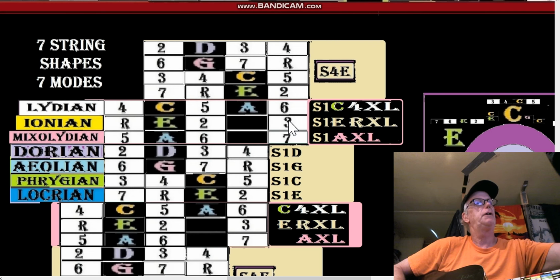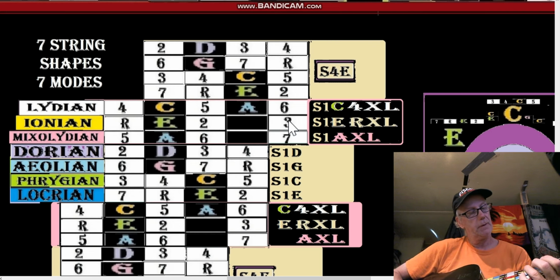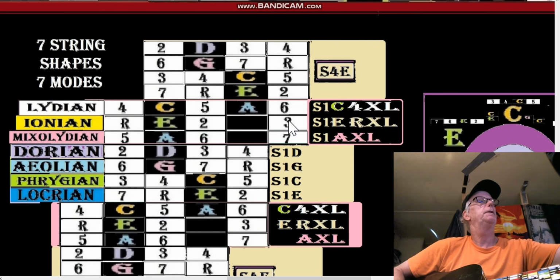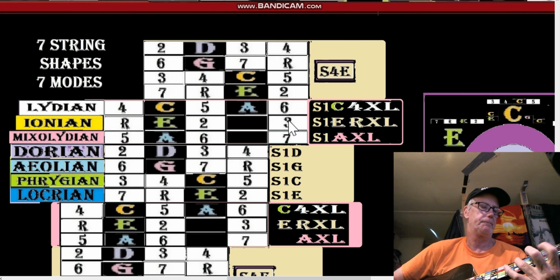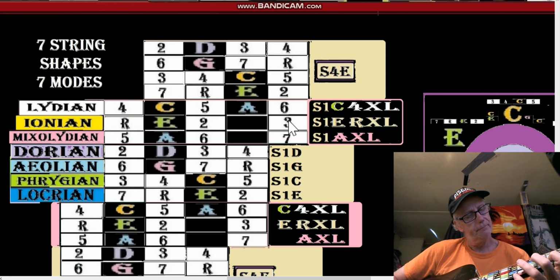So that would be just following it, E, right? What was I doing? Oh, I was following a C scale. I don't know what I was doing there. Okay, so that's our Locrian.